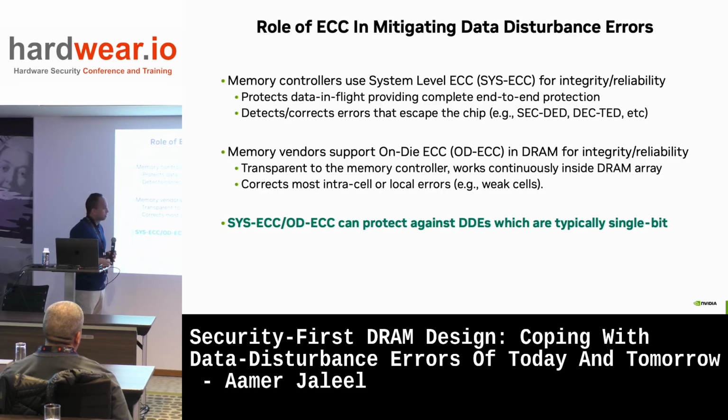The error correction happens on the DRAM and then the data is sent over. So system-level ECC and on-die ECC can protect against DDEs as well. I know there are papers out there that have talked about how you can break system-level ECC and on-die ECC, but they also do play a role in addressing data disturbance errors, which typically are single bit.